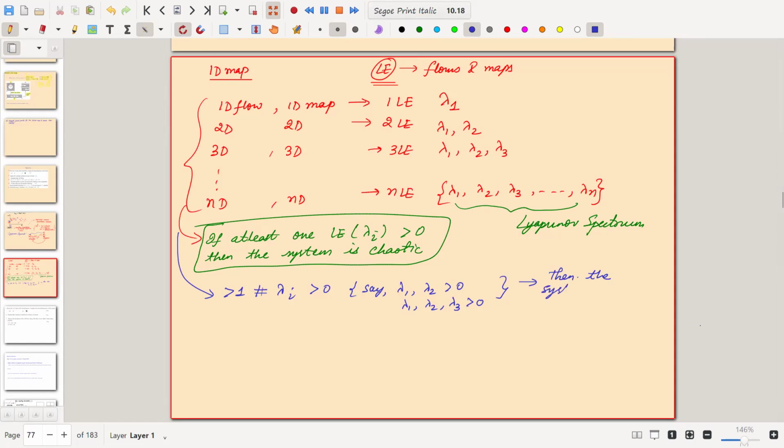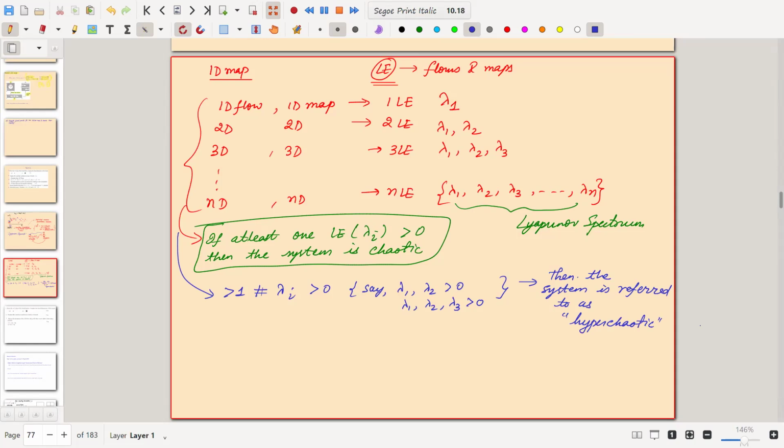The system is referred to as a hyperchaotic system.